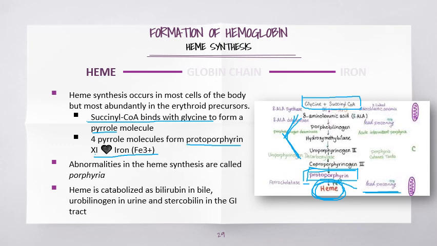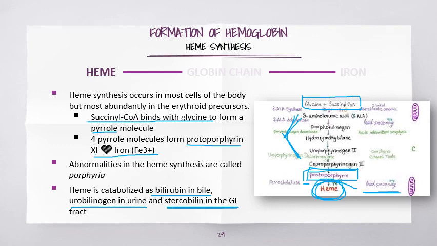Okay? And the catabolism or degradation of heme happens in the blood, wherein it will be excreted as bilirubin in bile, as urobilinogen in urine, and stercobilin in the GI tract.